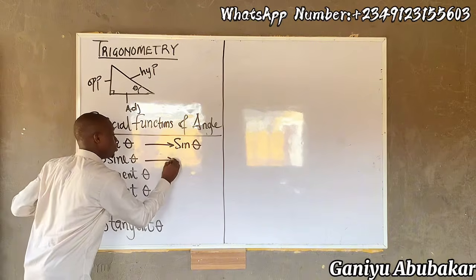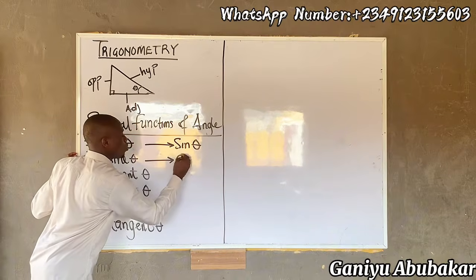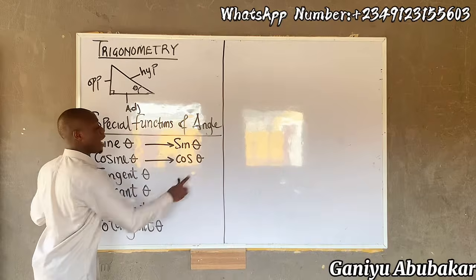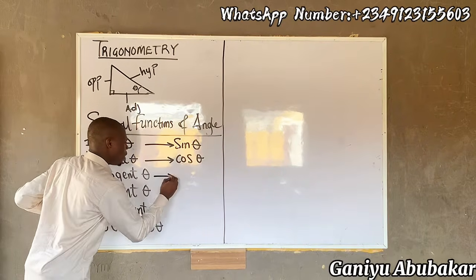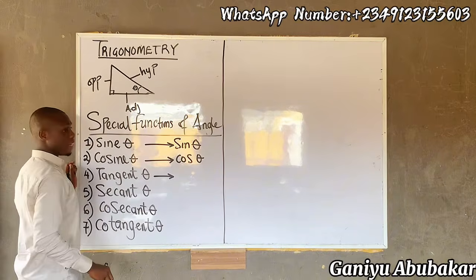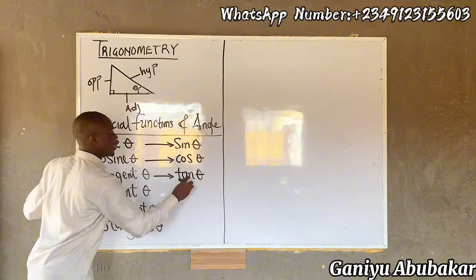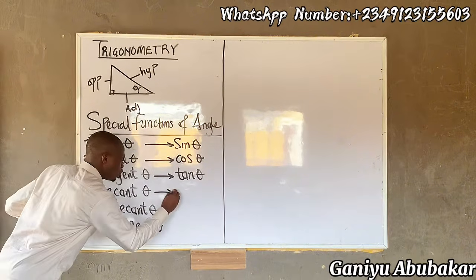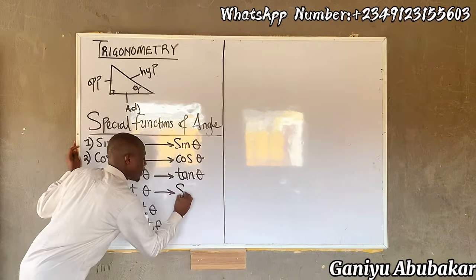Number 2, the short form of writing cosine is given as what? Cos theta. But if I say cos theta, I mean cosine theta. Next, I have tangent theta. Similarly, that becomes tan theta as the short form. Next, this one here is secant. The short form becomes sec.